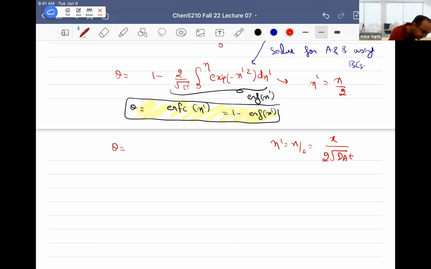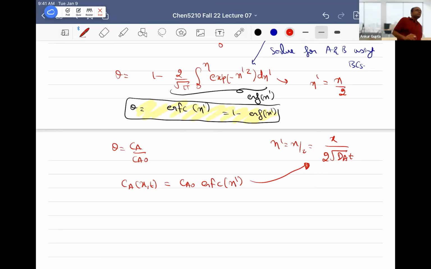So I'm able to calculate CA of x comma t as CA naught times the complementary error function of eta prime, where eta prime is x by 2 square root of DAt. We have a function of both x and time. So this is the first time we have solved an unsteady diffusion problem, and you're able to get dependency on both x and time.